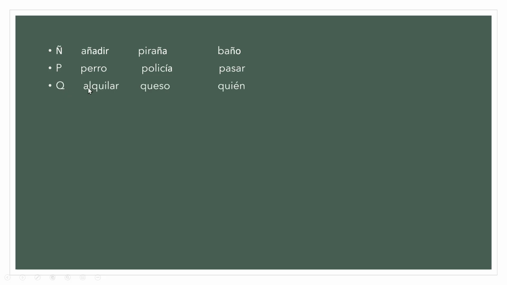Q. Alquilar. That means to rent. Queso. Cheese. ¿Quién? Who. And you're always going to see Q, and then right after that, a U. That U after the Q is silent. So pretend that it's not there. Alquilar.